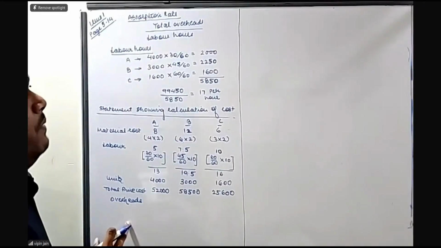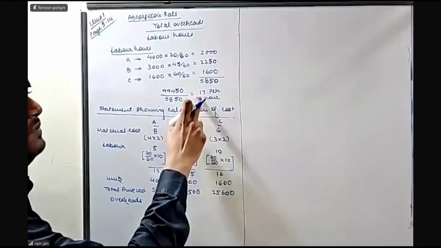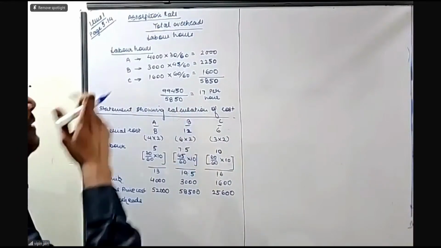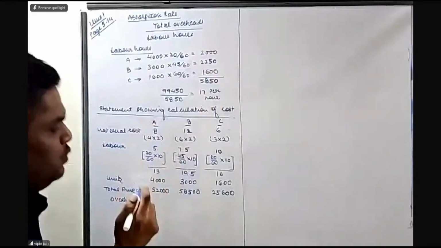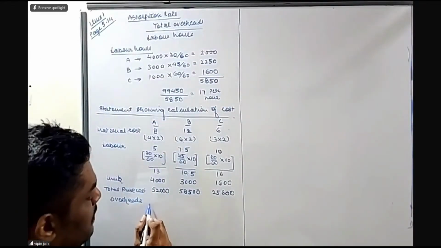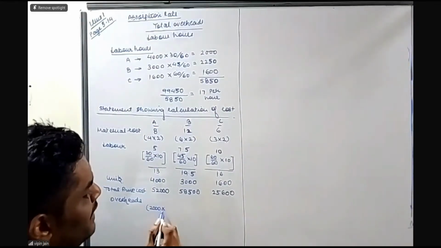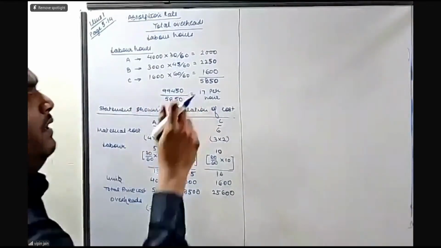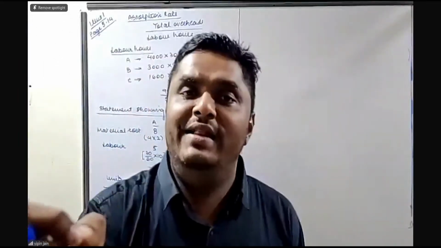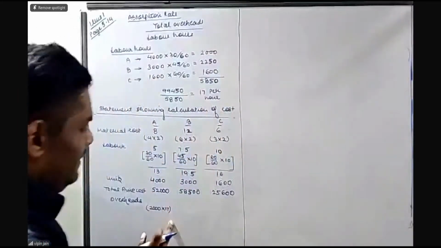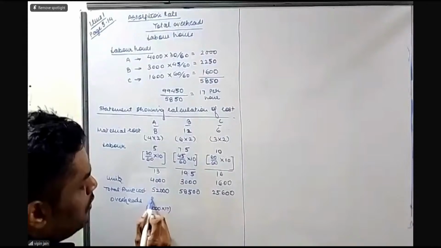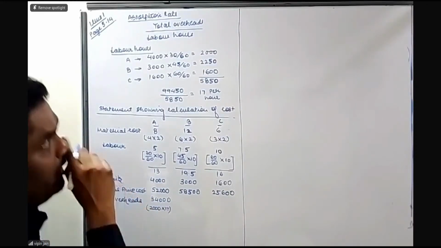So overheads are absorbed on the basis of labor hours, and the rate we have calculated is 17. Now total labor hours for A is 2,000 and the absorption rate is 17 per hour. That is, overheads are charged at the rate of 17 per hour. So 17 into 2,000 will be 34,000.